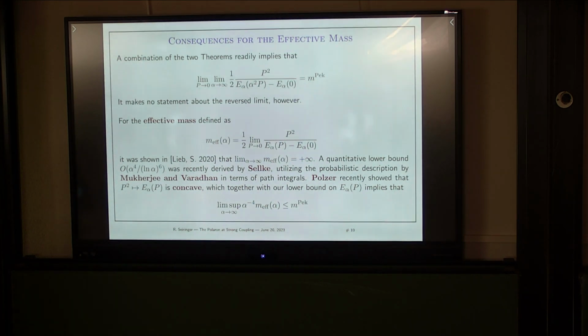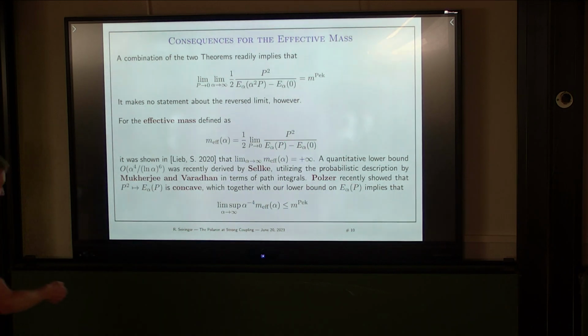And once you know it's concave, you know that the curve cannot start too slow, right? Because if it's concave and has too small a slope, it can never pick it up again. So knowing our global bound, together with the fact that as a function of p squared it is concave, immediately gives you a bound in one direction.